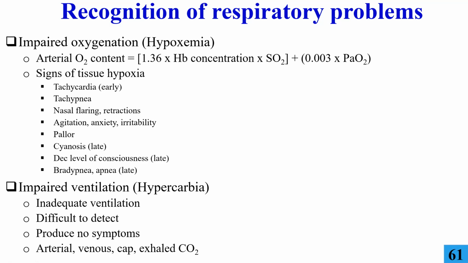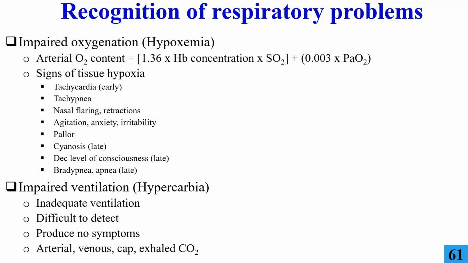It happens because of inadequate ventilation. And inadequate ventilation, remember, as we've discussed, we're talking about the minute ventilation. We're not talking only about respiratory rate, and we're not talking about the tidal volume in each respiratory cycle. No, we are talking about minute ventilation, which is the result of respiratory rate times the tidal volume.